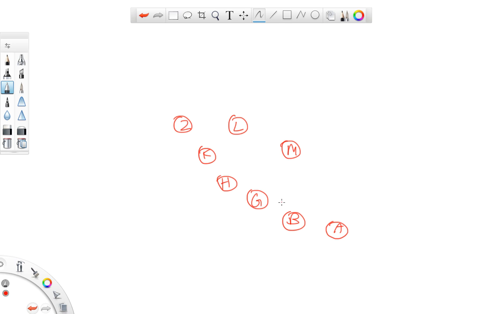So from A to Z, we have 1, 2, 3, 4, 5 hops, right? Number of hops to Z is 5. So in A's routing table, we have an entry for Z. The next router is B, and the number of hops is 5.